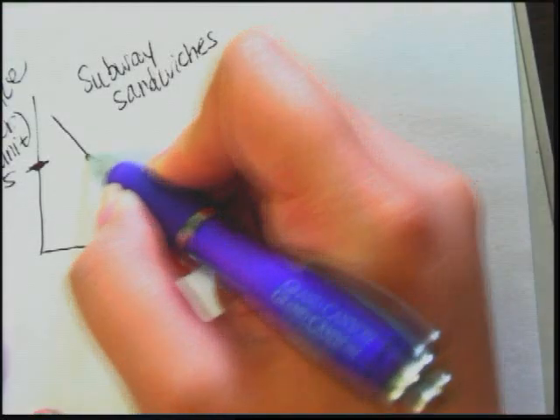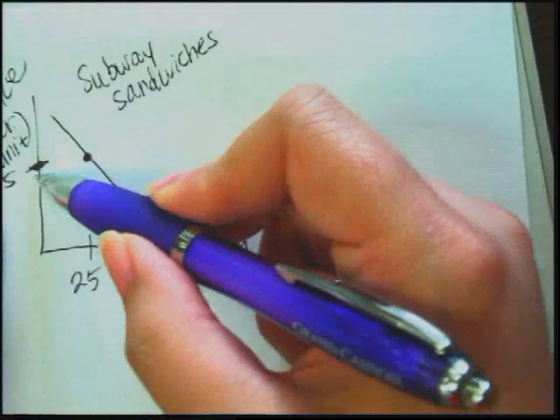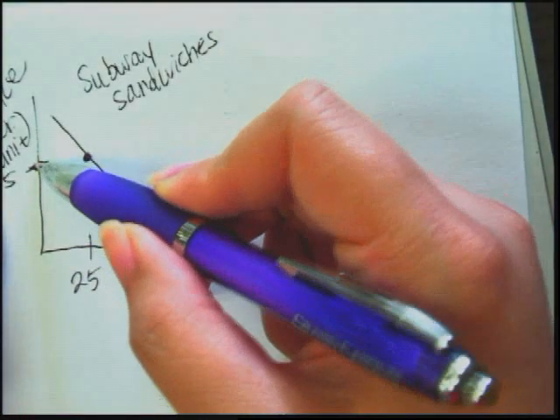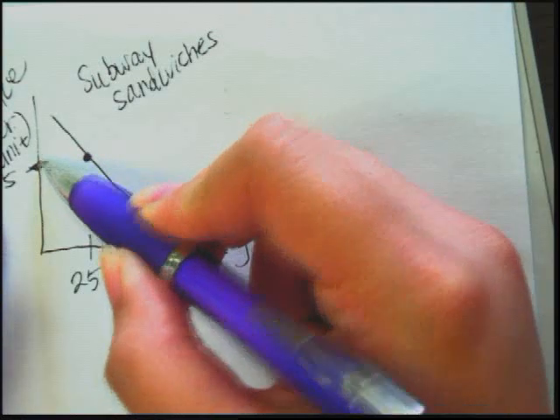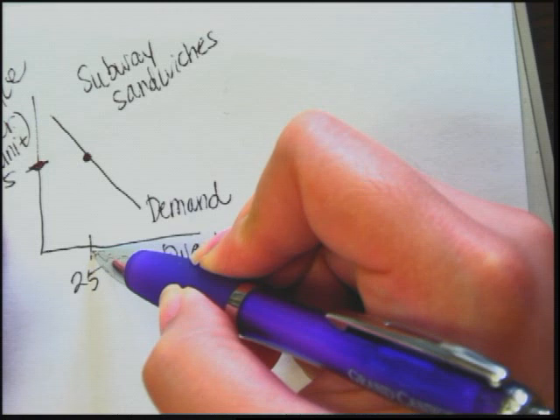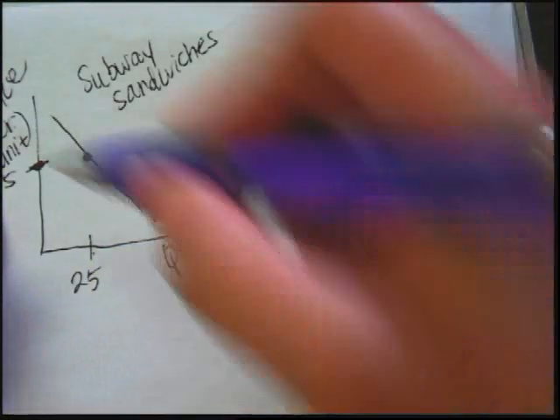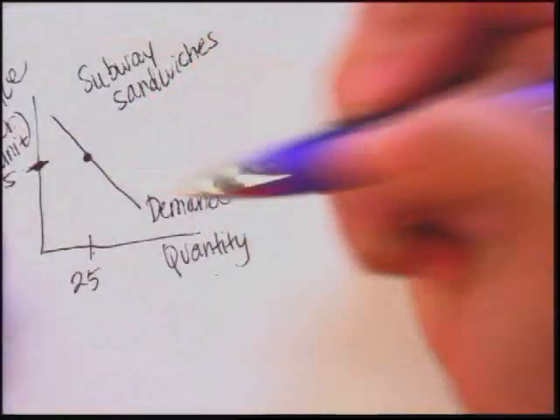There are about 25 of y'all in here. So let's say that if Subway down the street sold sandwiches for $5, a total of 25 of us would buy one. This is total over here, and this is per sandwich over here. You just have to remember that.